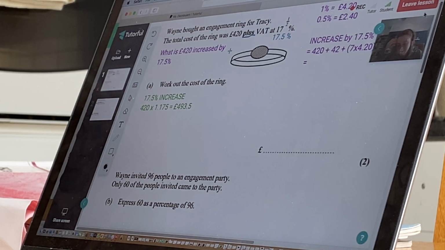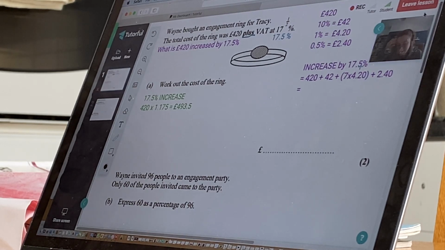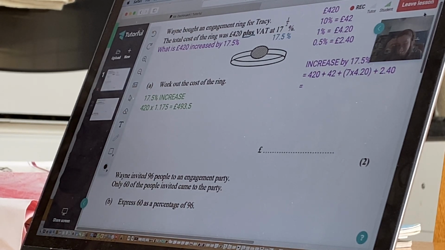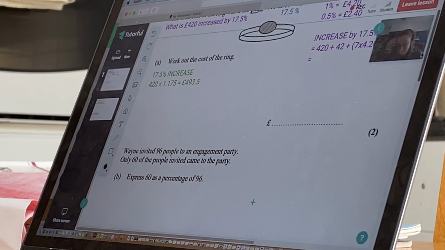But I know that you're really good at percentage change, which is why I'm trying not to give you as many questions. I can find a question for you, and you can do one percentage change question to start with, after this recap.